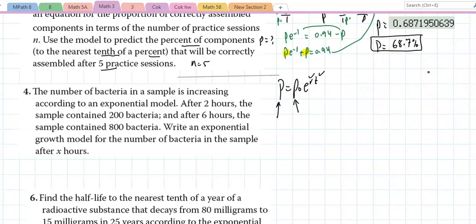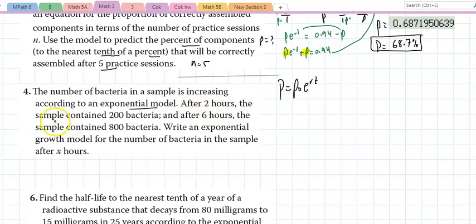So P naught is the initial deposit, or in our case, population, any population problem. The number of bacteria in a sample is increasing according to an exponential model. There it is. Any population that grows according to an exponential model is modeled by this equation. So, what does it say?